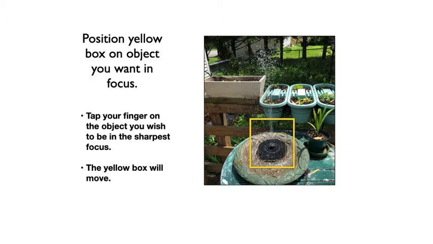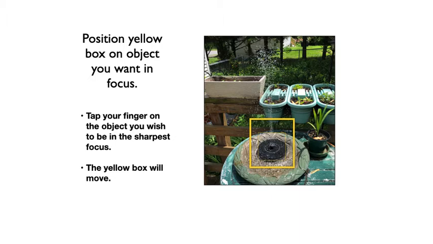And at this point, I have it focused right on the little fountain itself. If I wanted to focus on the water droplets, I would tap the water droplets up there near the top. Or if I wanted to focus on something in the backyard, I would have tapped my finger there.